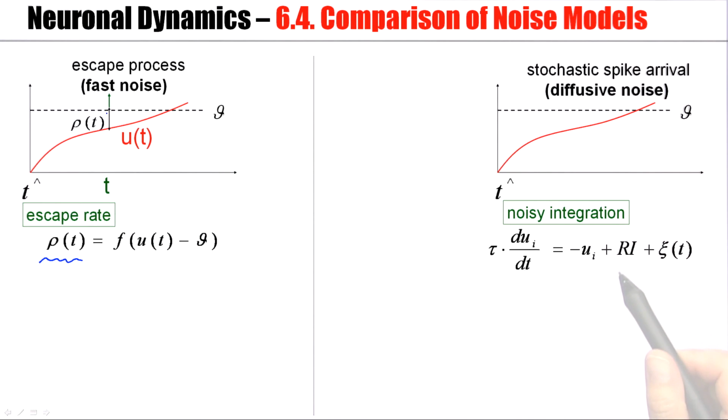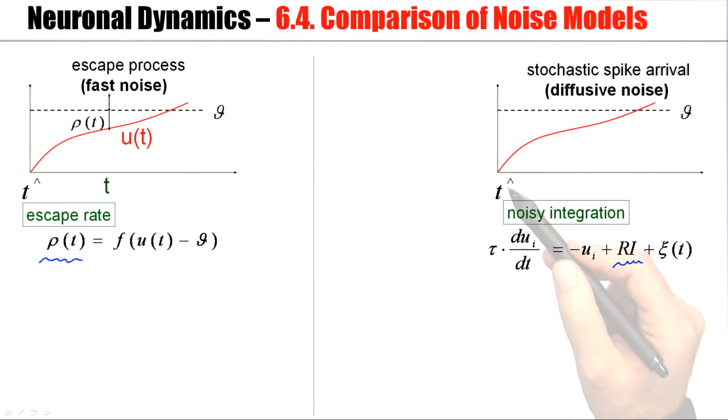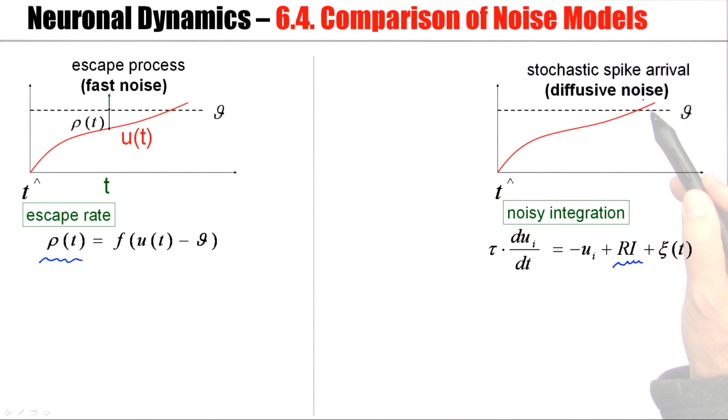Now, in the previous week, we looked at a model describing stochastic spike arrival. If you start with the leaky integrate and fire model, there's an input current which has a deterministic part which gives rise to the red trajectory here.